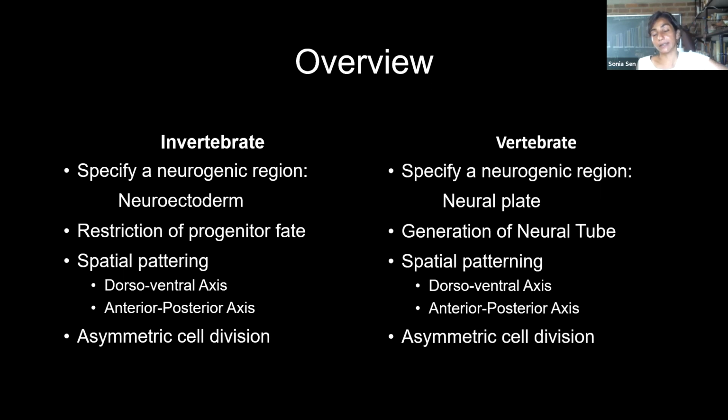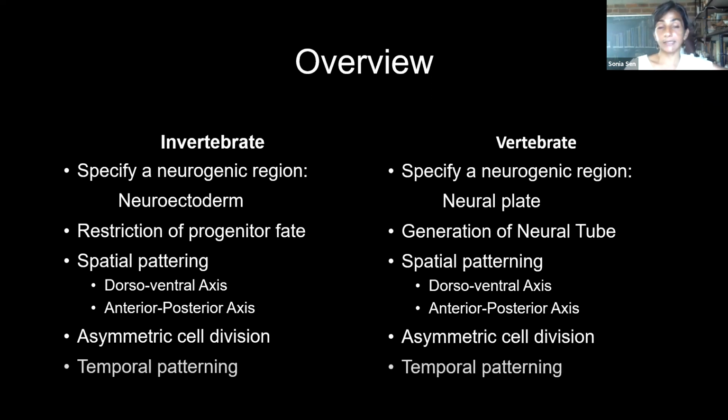And what the organism employs is some very clever cell division tricks to ensure that you get all of that. And of course, you're dividing over a period of time. So we'll talk a little bit about those cell division patterns. And then we will talk about temporal patterning, which takes place within lineages.